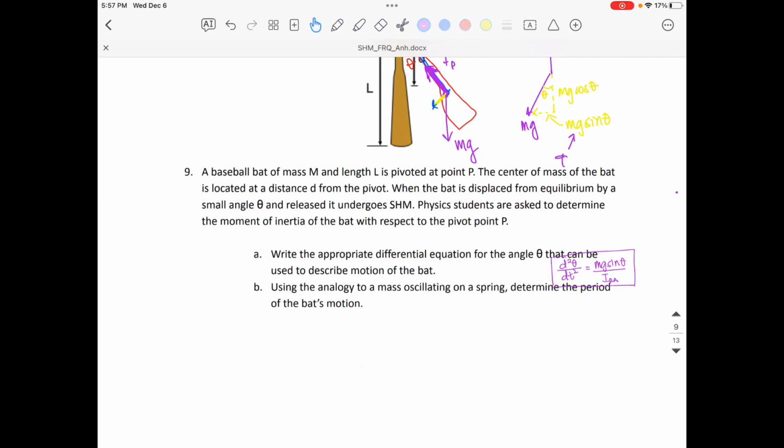So for part B, it says use the analogy to a mass oscillating on a spring to determine the period of the bat's motion. So this is how we derive the period of any sort of simple harmonic motion. First thing we want to do is take the fact that the differential equation based on simple harmonic motion actually gives us omega squared theta.